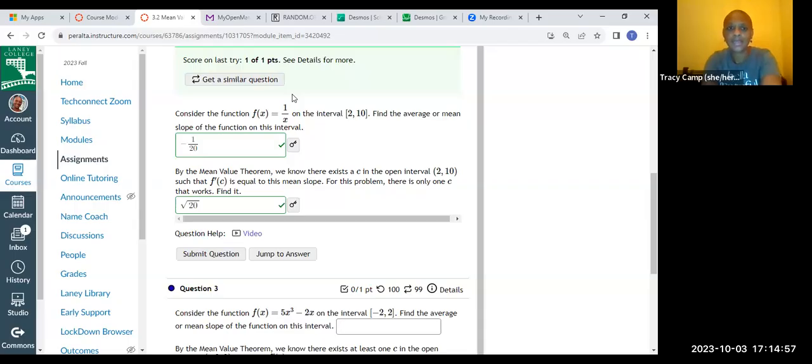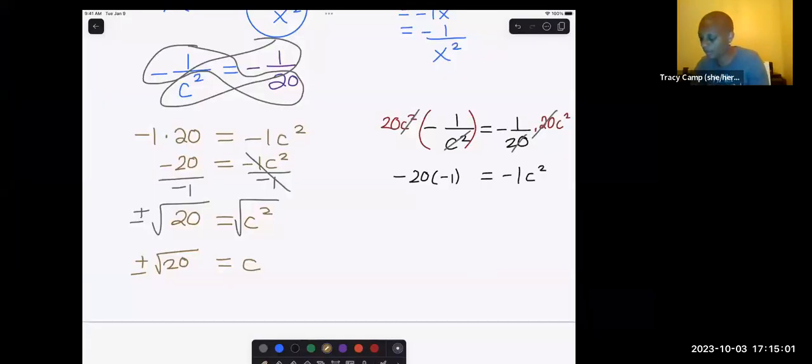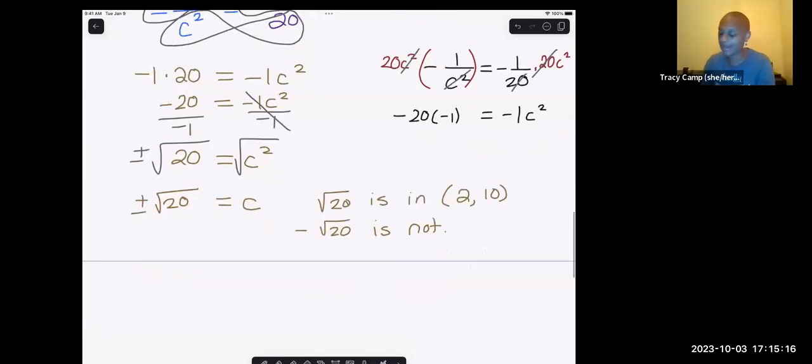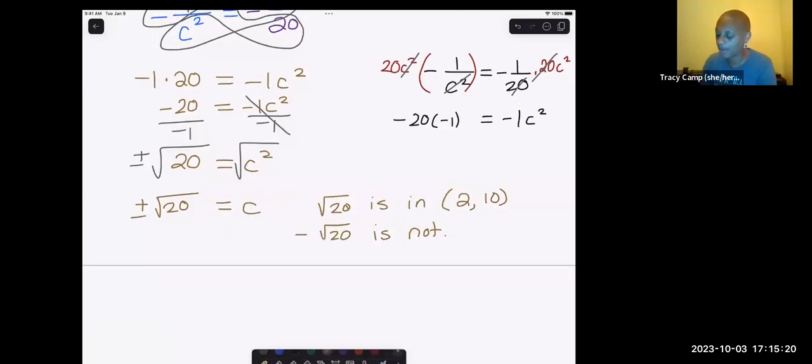So √20 is in this interval 2, 10. -√20 is not. So that's why we did not include the -√20. One other thing I want to say is that it is really common to simplify a square root like this, recognizing that 20 is the same thing as 4 times 5.